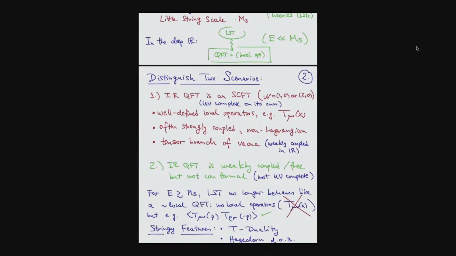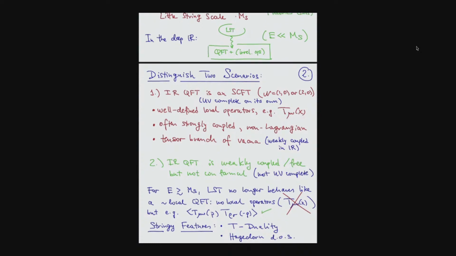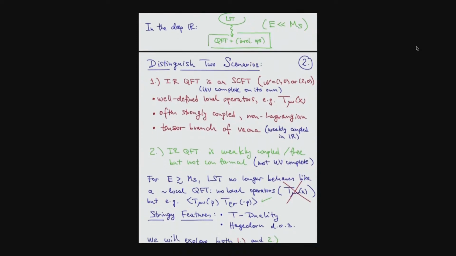And if you wish to study that fixed point on its own, you are entitled to do so. This is a perfectly good quantum field theory. You can forget about the embedding into little string theory. It has well-defined local operators, and in particular, it has a well-defined local and conserved stress tensor, T. What makes these theories interesting and challenging is that they're typically strongly coupled, and they typically don't have a Lagrangian description.